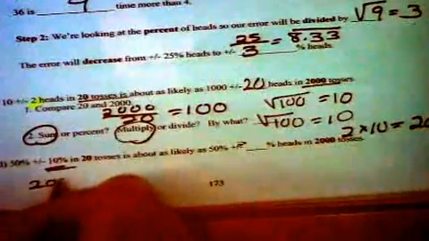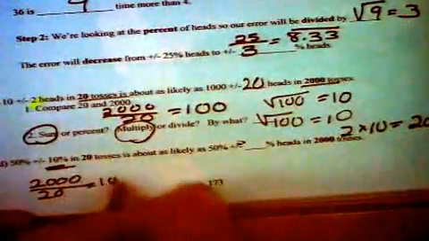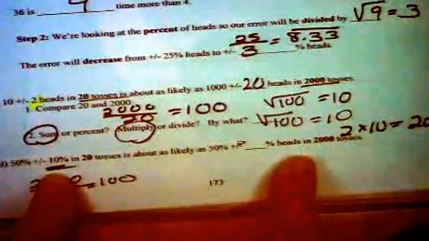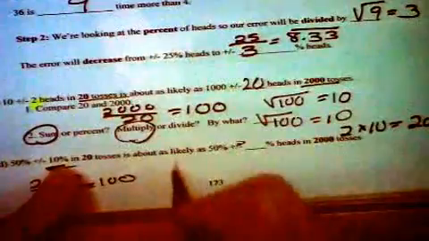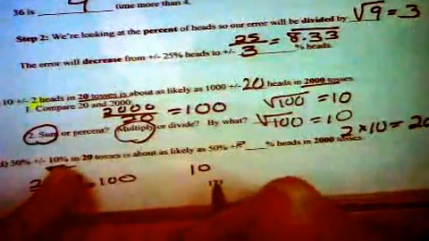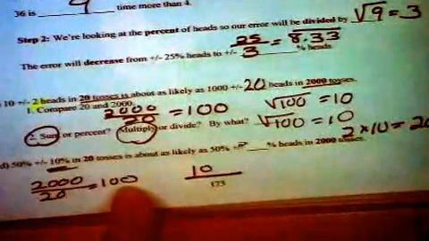Down. So you say 2,000 divided by 20. So it's 100. So it's going to go down. Should it go down by 100? No, I want to take this 10% and I want to multiply or divide? You tell me. Divide because it's percent. Do I want to divide it by 100?